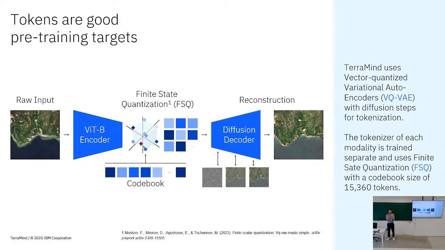If you compress that information into a single integer value for a Sentinel-2, that's a compression factor of around 3000x. So by doing that, you end up with hopefully a pretty consistent representation of your data, but it's still a huge compression. That means that it's not designed to be reconstructed. It's designed to be the pre-training target for TerraMind.